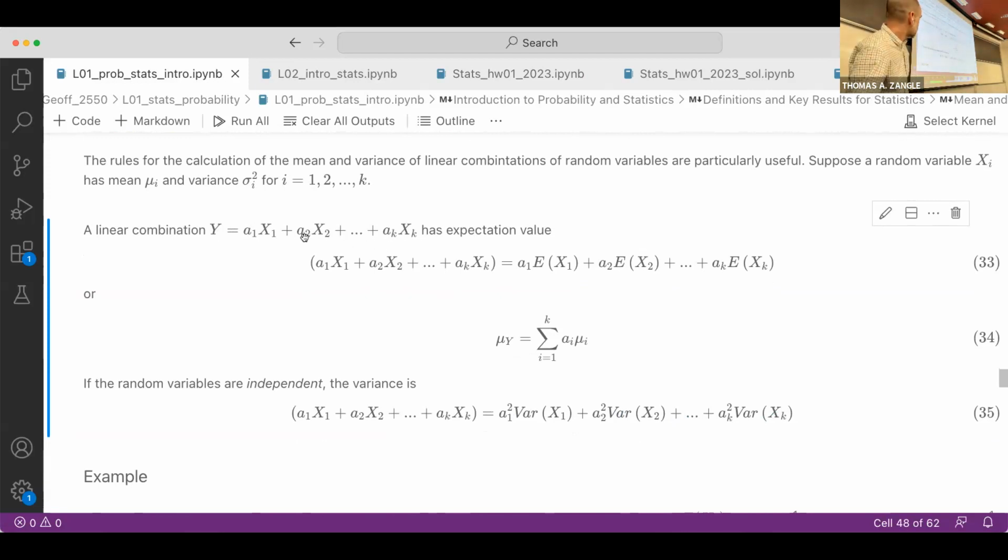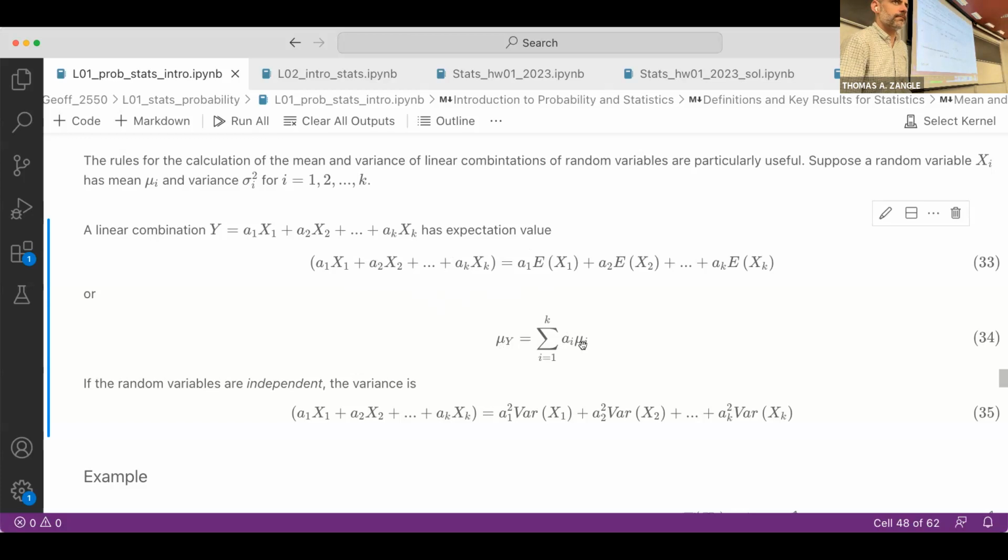In this case, K is 2, because I just have two things that I'm adding together: the rinsing time and the coding time. What this tells us is that the mean of Y, the mean of the sum of all of these things multiplied by those weights, is just the sum of the weights times the mean of all the individual processes.